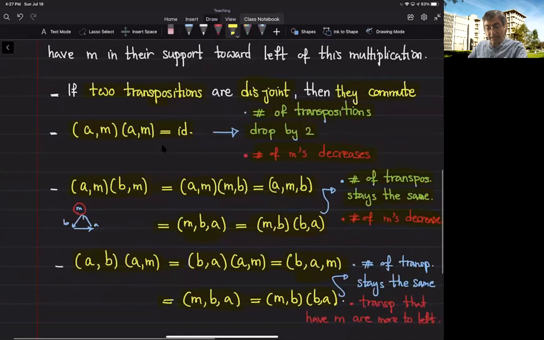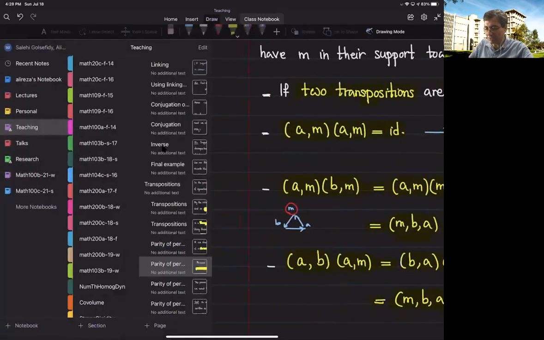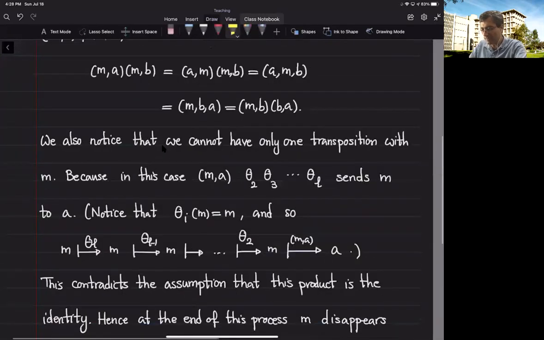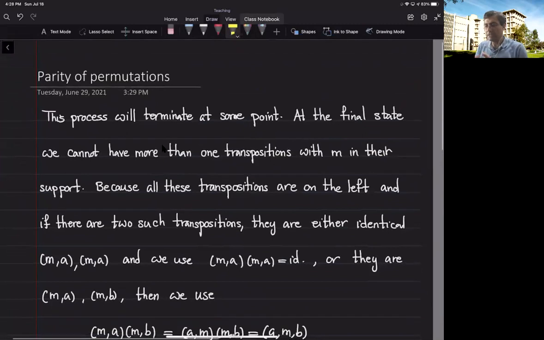And the only thing that I have to make sure and say is what happens if I do these collisions and everything disappears, but then one transposition remains that has M in it. Then how can I get rid of that one? And we have to say that this case does not happen. So we use these collisions, we move them towards the left.